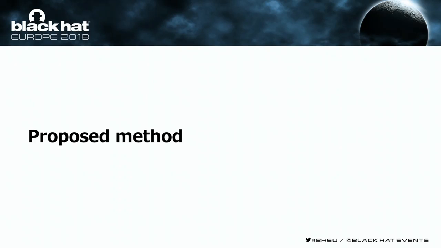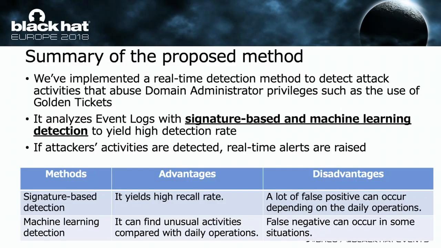So this is our proposed method. We implemented a real-time detection tool for attack activities leveraging domain administrator privilege, including golden ticket. And our tool uses both signature-based detection and machine learning because they have advantages and disadvantages.